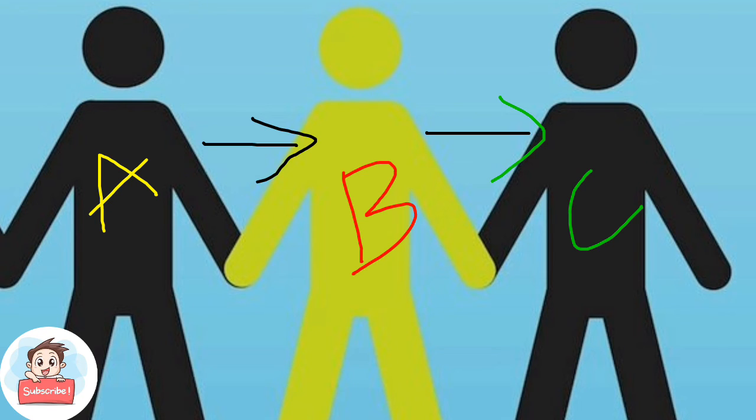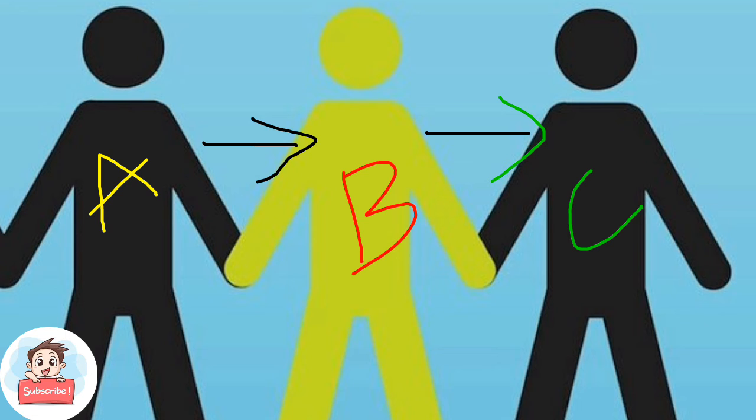Here we have a connection between person A and person B, and also between person B and person C, but we don't have any connection between person A and person C. But the amount of electrical shock transferred to person A is equally transferred to person C. Here there is no relation between person A and person C. So this defines the zeroth law of thermodynamics.